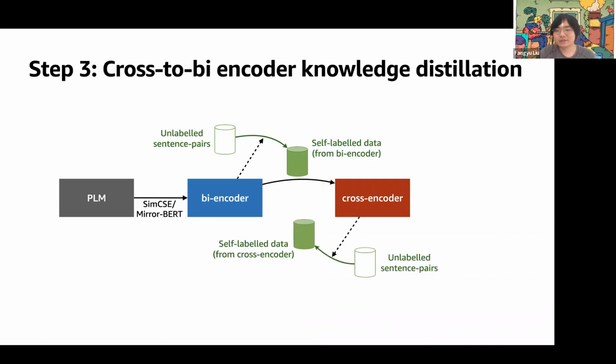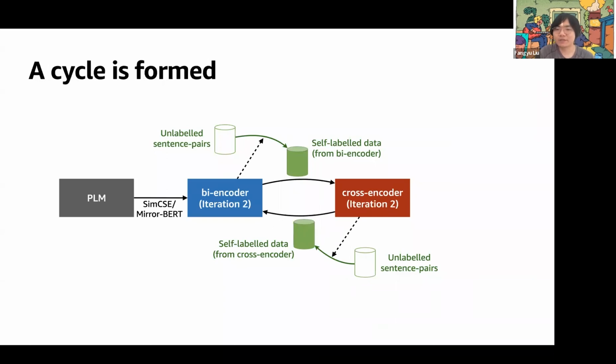After training this cross-encoder, we use it to label even more data. Notice that we actually used the same set of unlabeled sentence pairs as for the bi-encoder. It's just that we disregarded their previous labels and replaced them with the cross-encoder's predictions. And the bi-encoder will learn from this set of new data, and the iteration goes on and on. Hopefully, the bi-encoder and cross-encoder can mutually bootstrap the performance of each other.